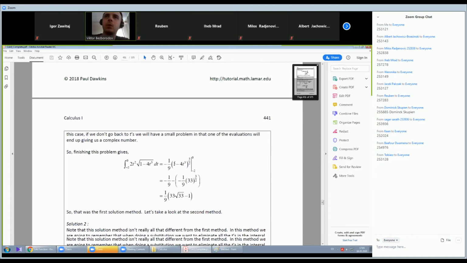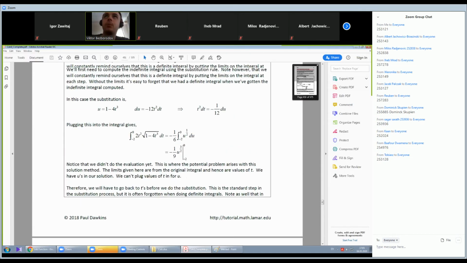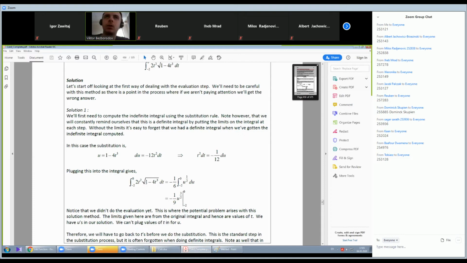So first, this is how you can do it. You compute the integral, and imagine the indefinite integral is going to be this thing here, -1/9 u to the power 3, where u is this, so it's a function of t.